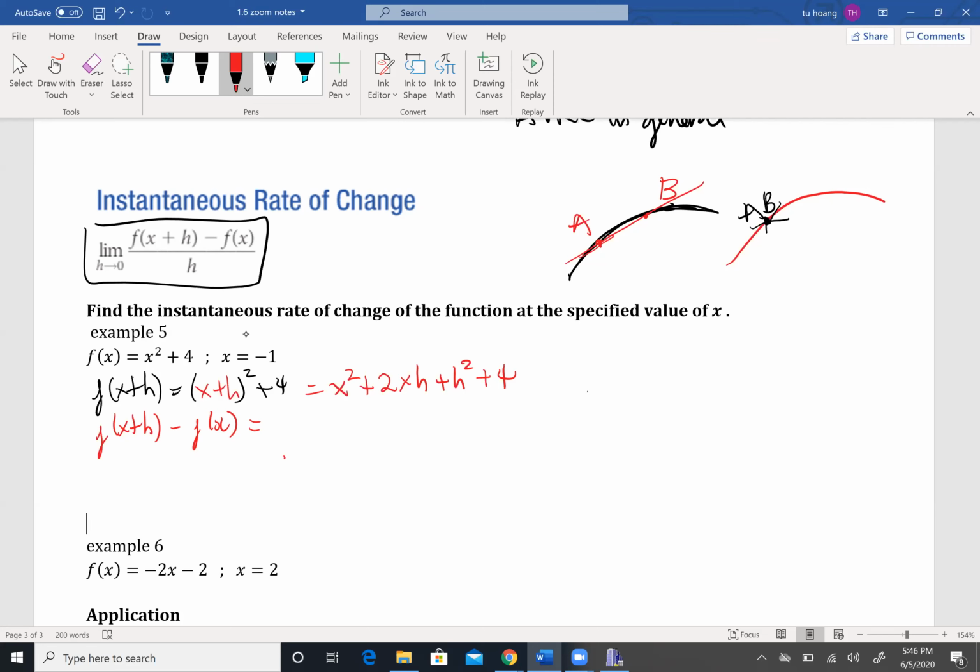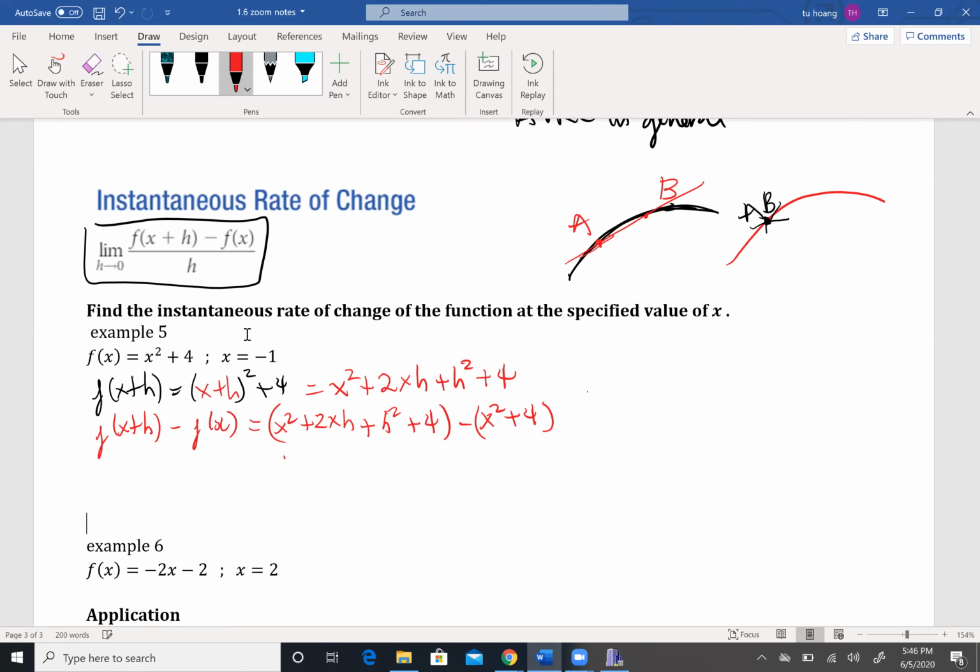You will have x squared plus 2xh plus h squared plus 4, and then you minus f(x), x squared plus 4.